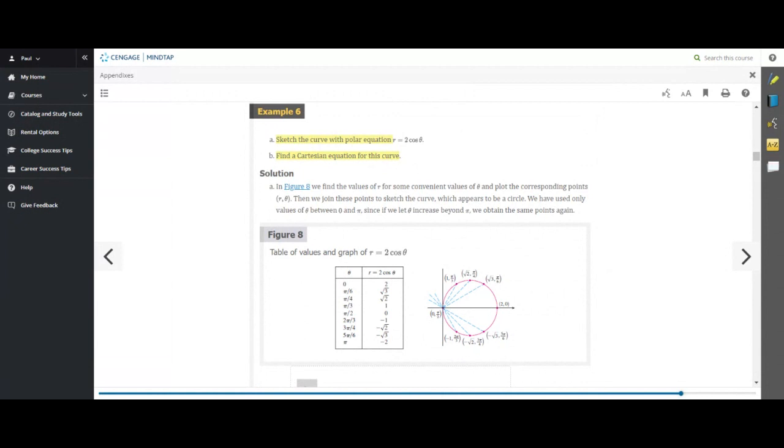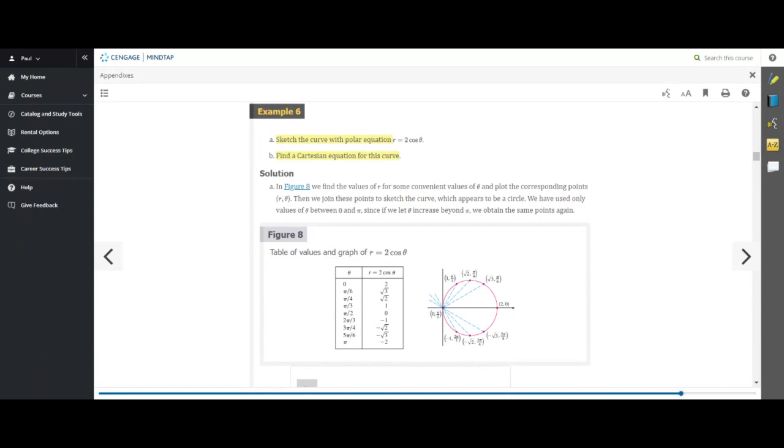What you have to do, remember when you learned about functions of x, like y equals x squared, that's a simple parabola. When you learn how to graph those kinds of functions, you pick some good x values, find the y values for those x values, and plot the Cartesian coordinates.